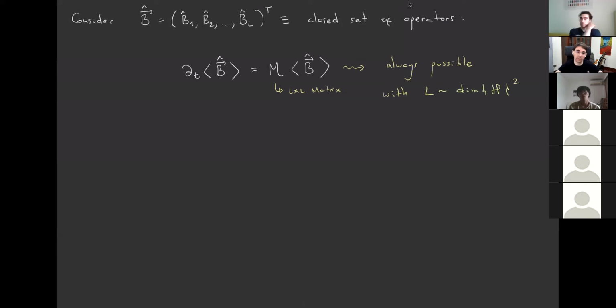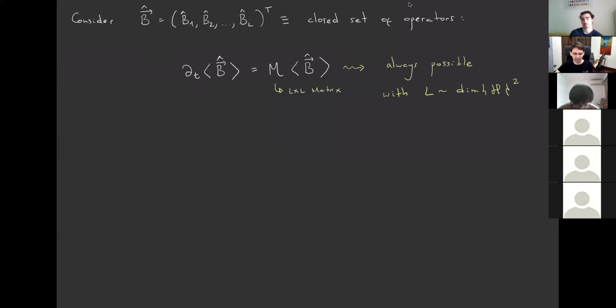And this is obvious because the representation of your density operator in your Hilbert space has order square of the dimension elements, and that's the master equation. So in the worst case, you can always choose as operators the objects whose expectation values are the corresponding entries of your density matrix, and that gives you a linear system.